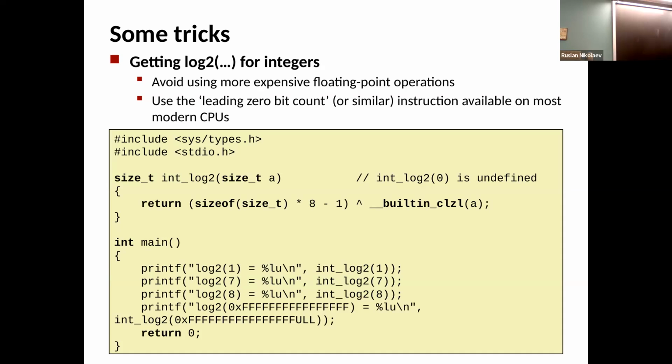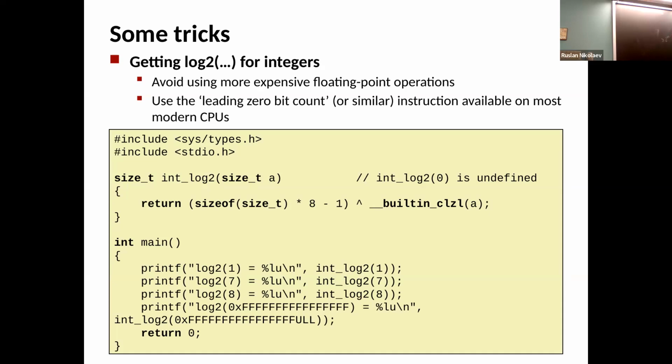So let's look at this number, where count leading zeros returns 0. That looks like a number which is clearly higher than 2 to the power 63. It's greater than or equal to 2 to the power 63 because it has the upper bit set to 1. So how do we calculate this?